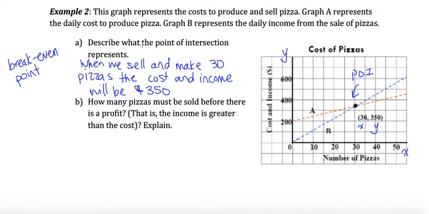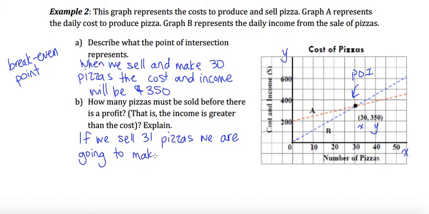So that tells us, we're going to assume that we're only going to sell whole pizzas, we're not going to have slices at our store. That means that after 30 pizzas, so if we sell 31 pizzas, we are going to make a profit. And how do we know that?